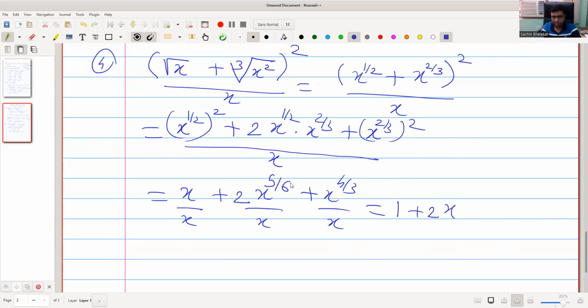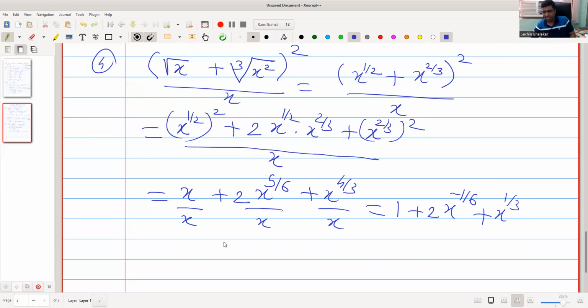So it is 5 minus 6, that is minus 1/6. Then plus the same thing here, so 4/3 minus 1, so 4 minus 3, that is 1/3.